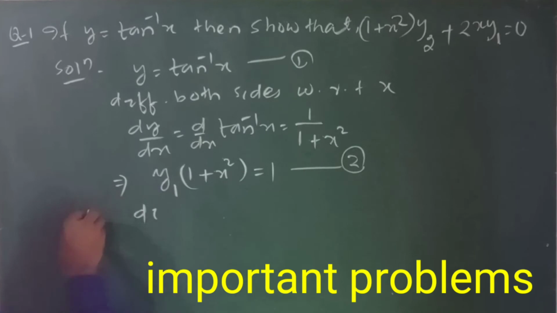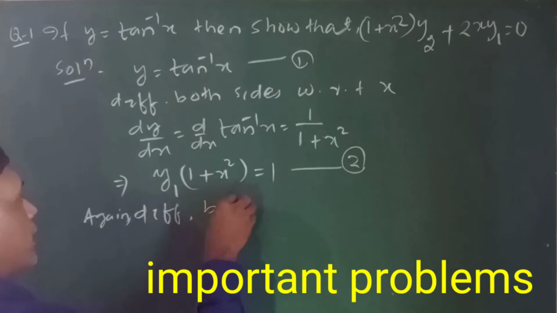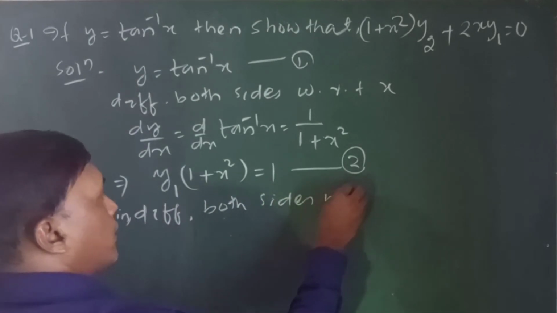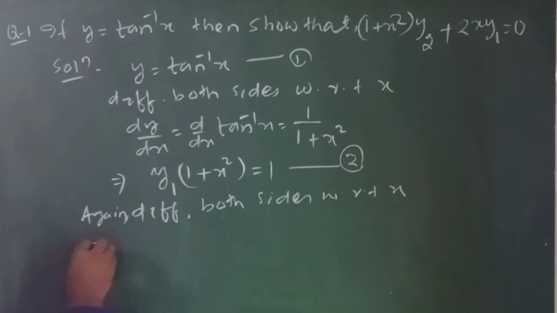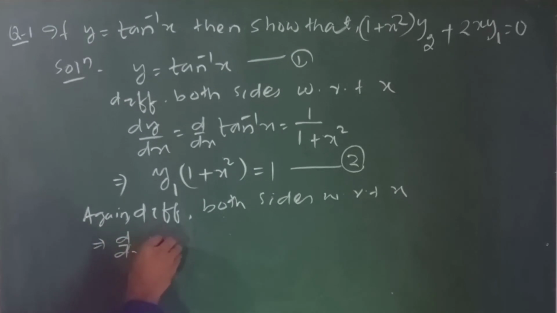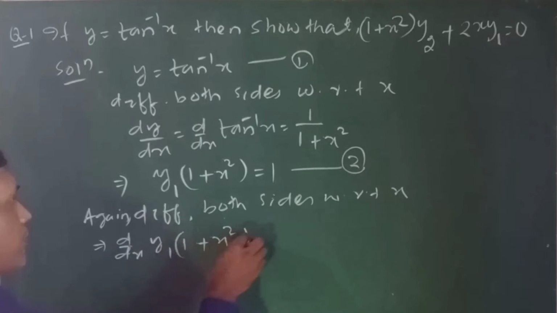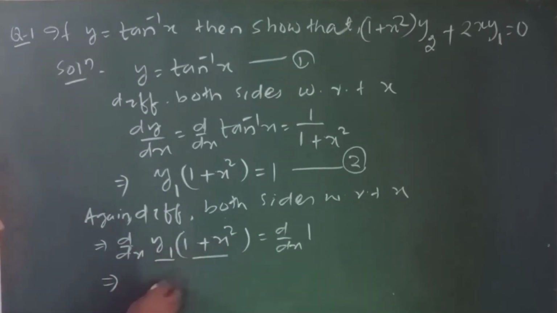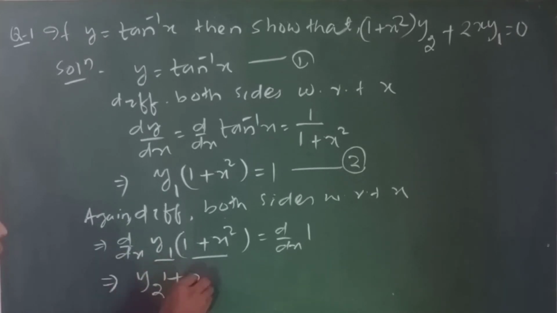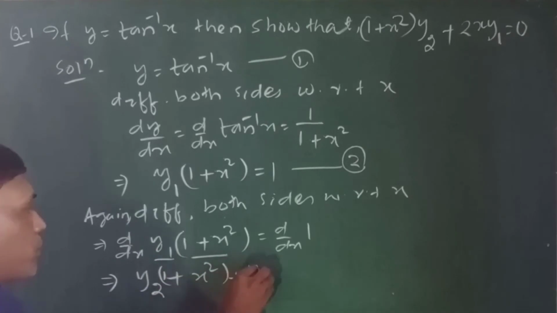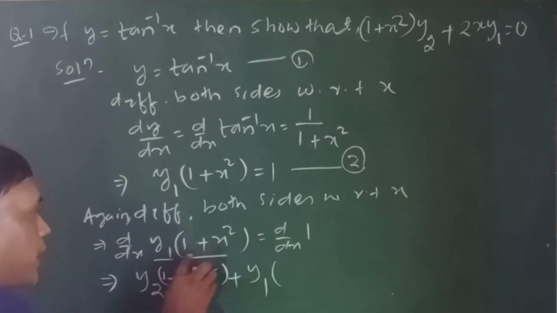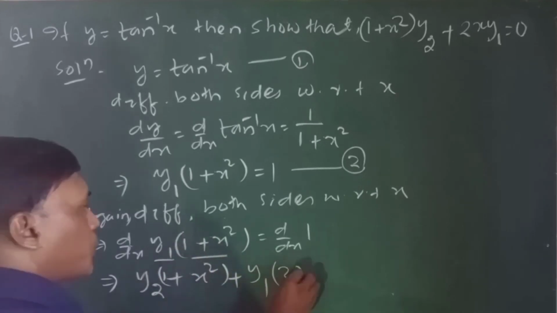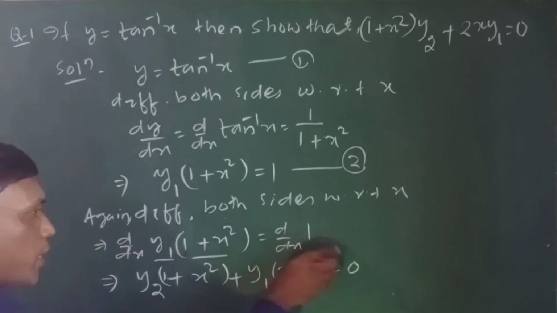Now again differentiating both sides with respect to x, we find, look at here, derivative of y1 into 1 plus x square is equal to derivative of 1, which implies, here is the product formula, derivative of y1 is y2, derivative first into second plus first into derivative of second, derivative of 1 is 0 and x square is 2x, is equal to 1, derivative of 1 is 0.